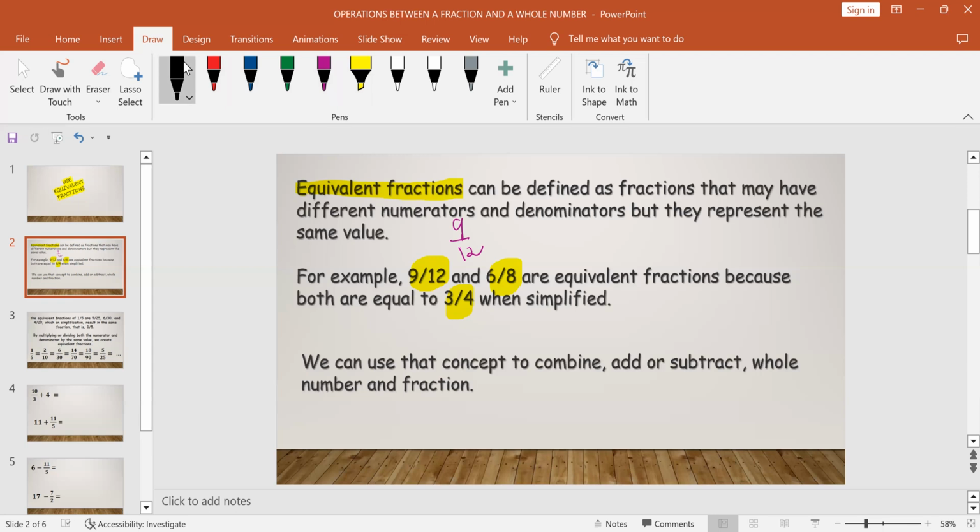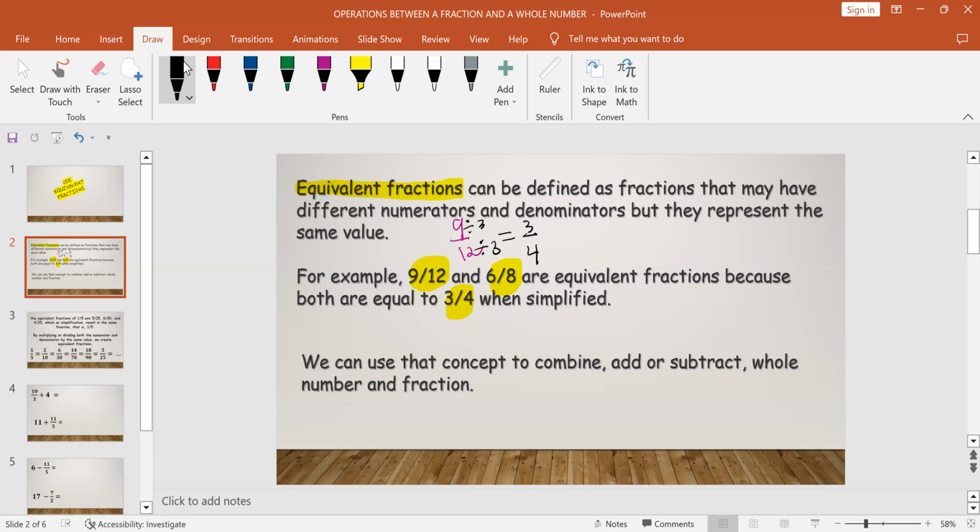For that, we divide both the numerator and the denominator by their common factor, which here is 3, and we get 3/4.